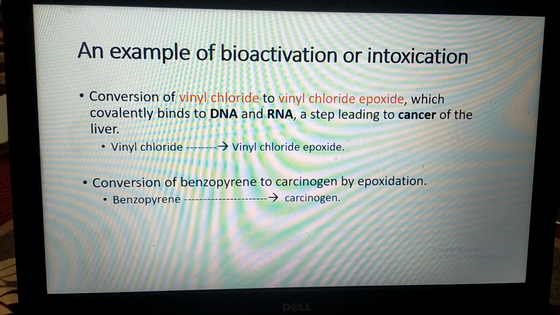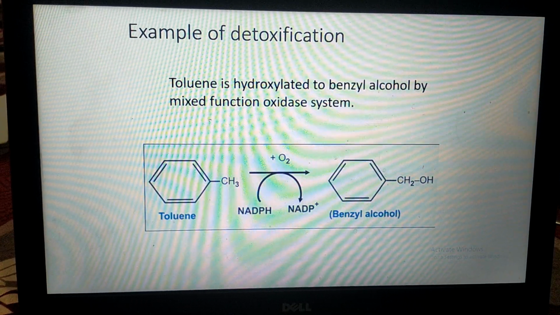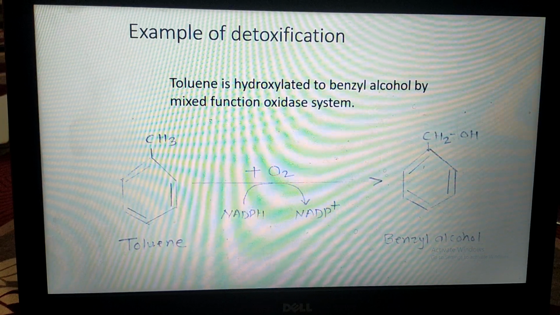Therefore vinyl chloride is converted to the more toxic vinyl chloride epoxide. Similarly, benzopyrene is converted into a carcinogen by epoxidation. So these two examples are of bioactivation or intoxication.